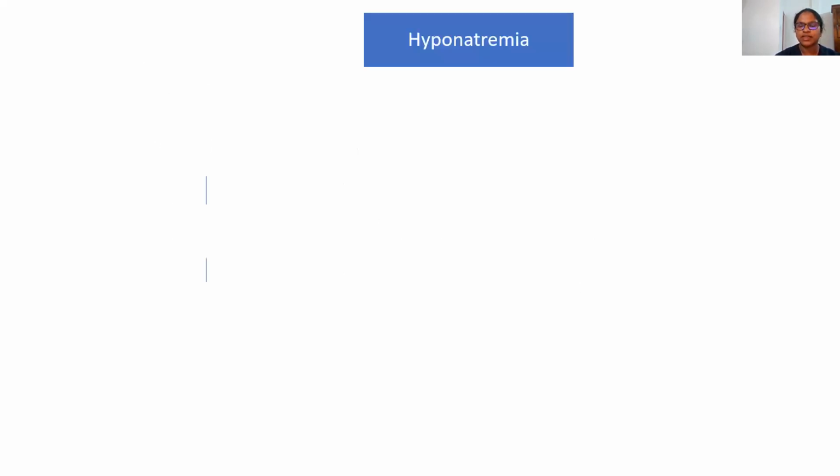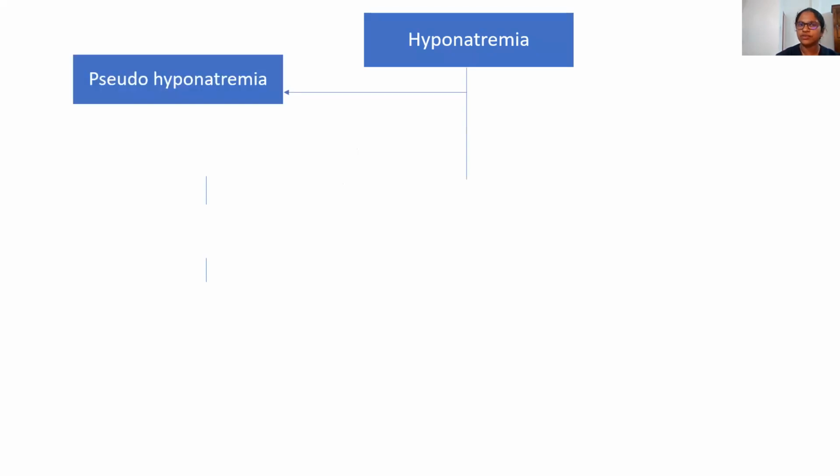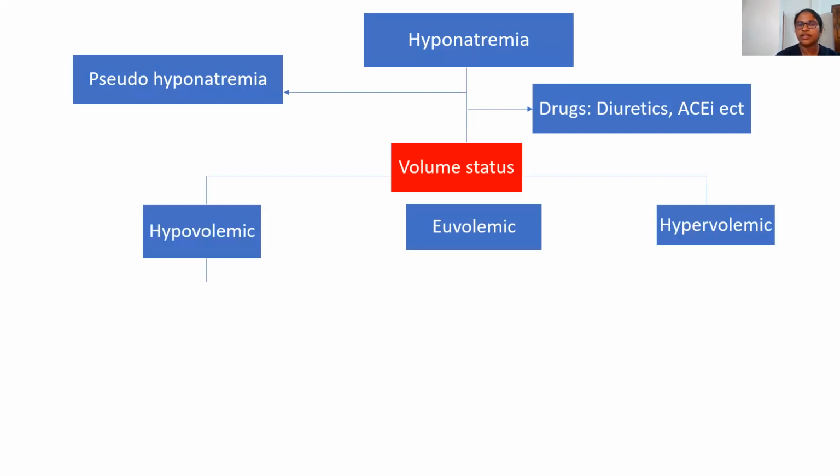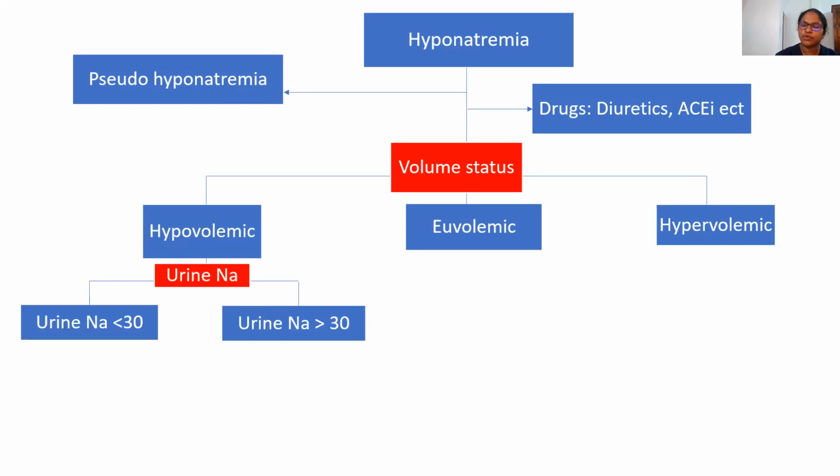So this is a rough outline of evaluation of hyponatremia. You exclude pseudohyponatremia, you exclude drugs causing it such as diuretics, then the most important thing that comes next is the volume status. Look at whether the patient is hypovolemic, euvolemic, or hypervolemic. If the patient is hypovolemic, that is dehydrated, you look at the urine sodium.